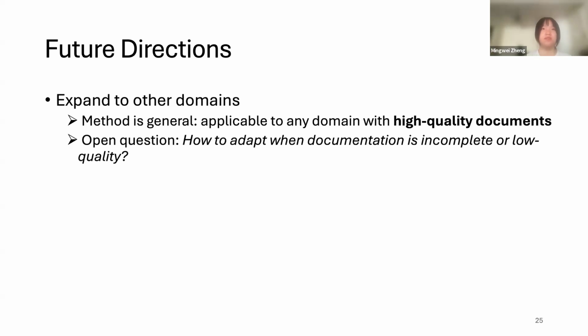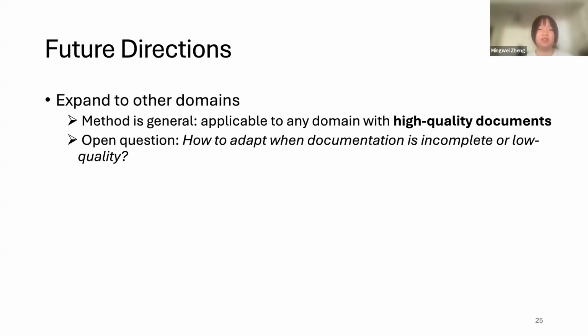We use RFCs because network protocols have very good documentation, which acts as the official specification standard for network protocol implementations. But there are also other domains, probably codecs, that may also have high-quality documentation.